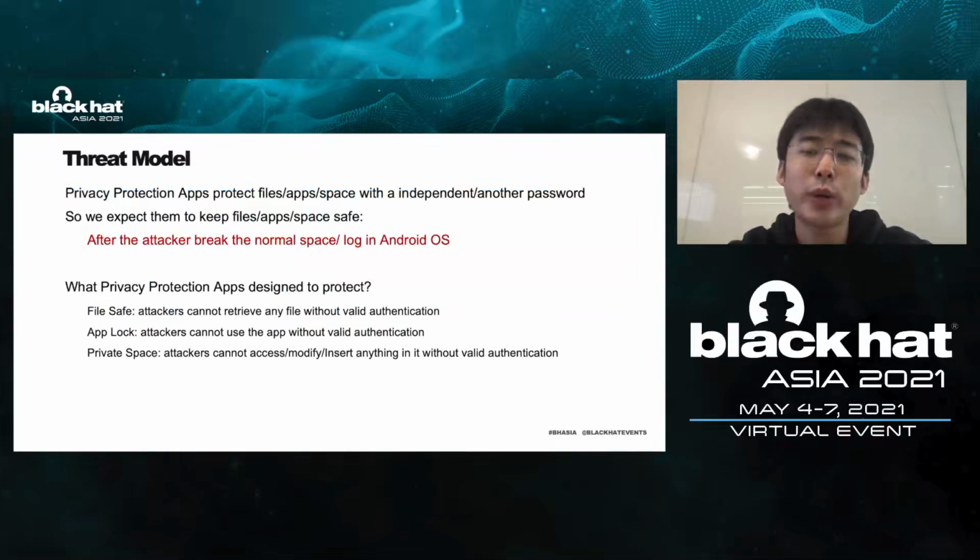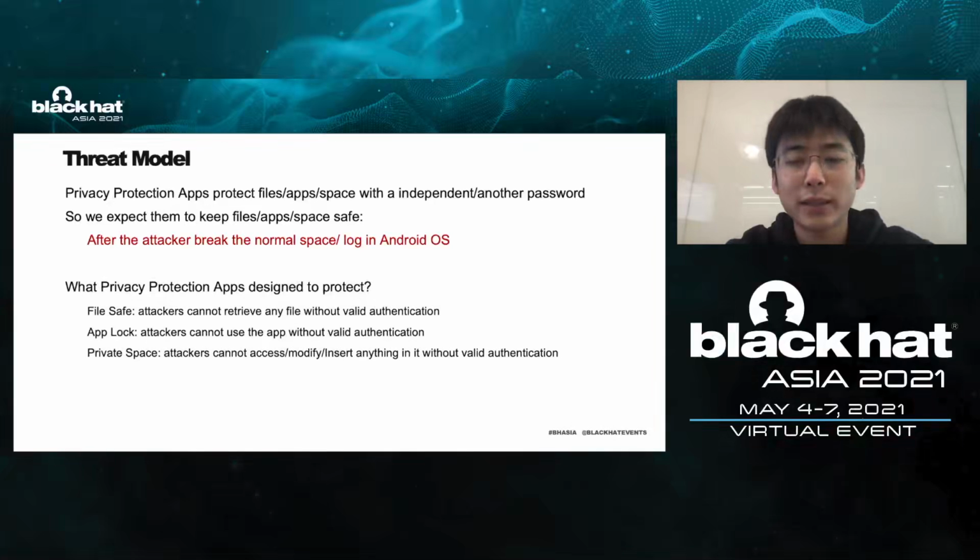Let's talk about the threat model. Privacy protection apps protect files or apps or space with an independent password or other authentication method. So we expect them to keep files or apps or space safe even after the attacker breaks into the normal world or logs in to the normal Android OS.